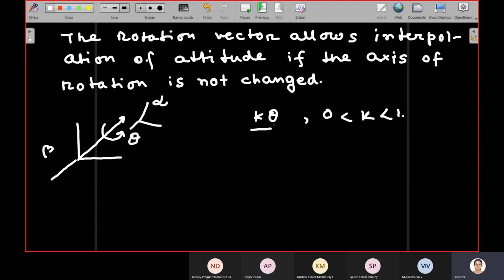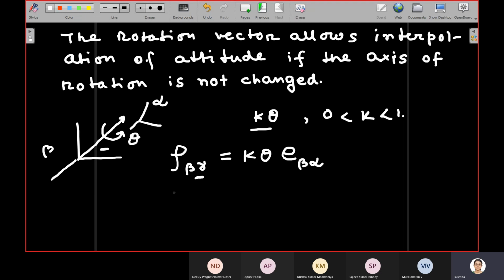But with this k theta rotation about the axis of rotation, we get an intermediate frame gamma. So the rotation vector for that frame is rho beta gamma. Since the magnitude of rotation is k theta, we write k theta, and then the axis of rotation is not changed. This is the rotation vector for the intermediate frame gamma.